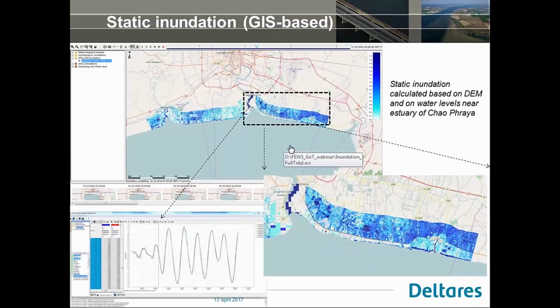We also calculate a simple static inundation module here in Delft-FEWS. This inundation is based on the water level forecast at 4 locations near the Chao Phraya estuary.